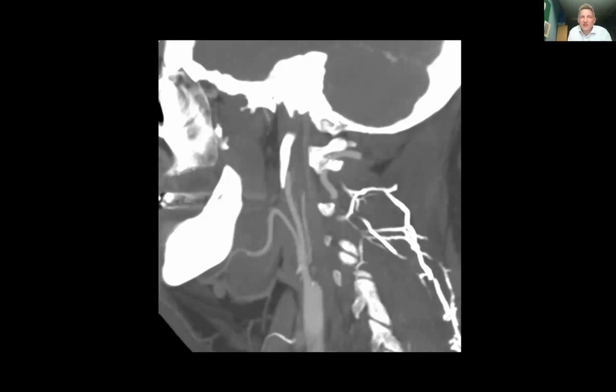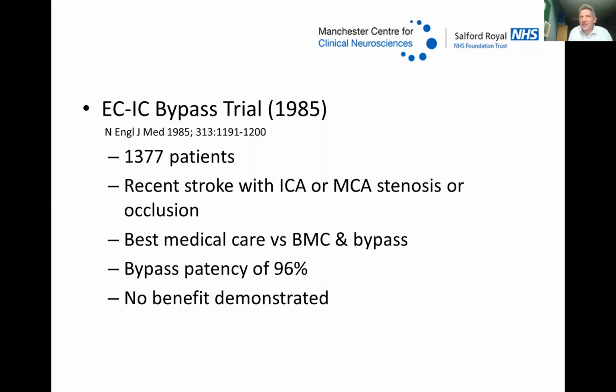So you could do a bypass. Is there any evidence out there to support you in that decision, do you think? No. It's the contrary. So looking at bypass, it used to be used fairly commonly in the 70s for ischemia, but then the EC-IC bypass trial in 1985 had lots of patients in it and looked at patients who'd had recent stroke with ICA or MCA stenosis or occlusion secondary to atherosclerosis.